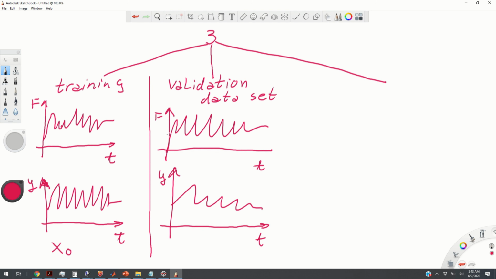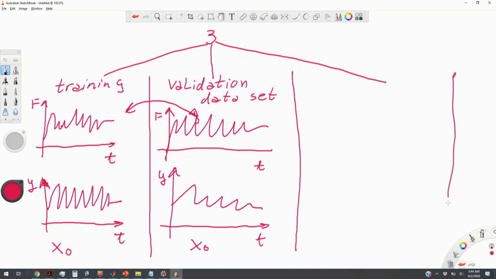It's important to emphasize that this data set should be statistically independent from the training data set. So we generate one random vector and this is another random vector and they should be independent. Consequently, the outputs of the system will be independent. And again, the initial condition from which we simulate the system should be independent from the training initial condition.